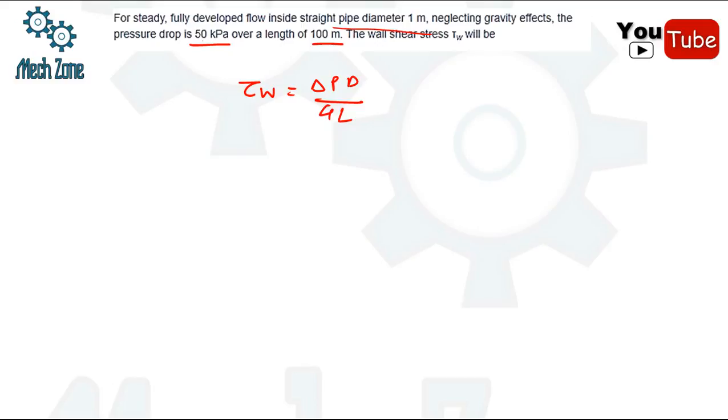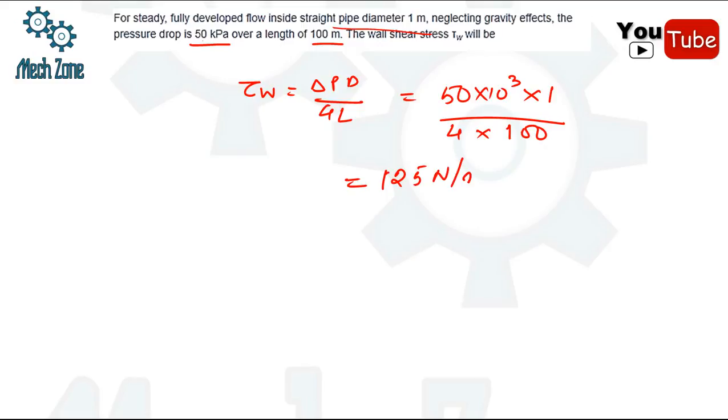So delta P is given as 50 kilopascal, so we will convert it into Pascal, multiplied by diameter given as 1 meter, and 4 into length given as 100 meter. So this would be 125 newtons per meter square. So this is also a direct formula to find out the wall shear stress, which can be used here.